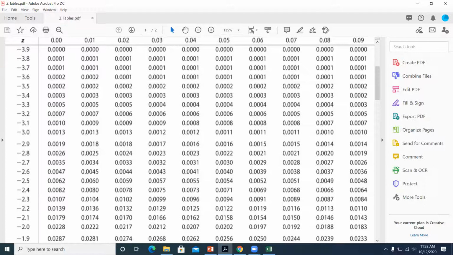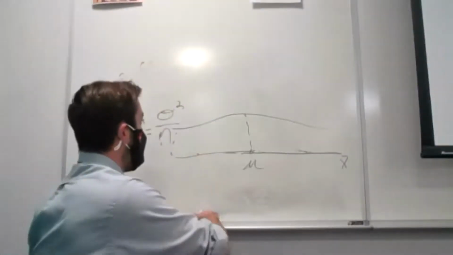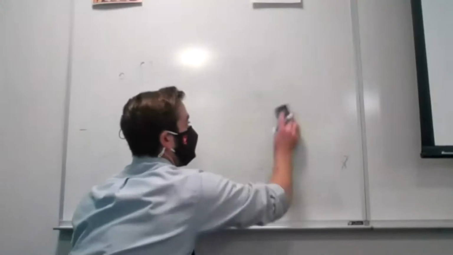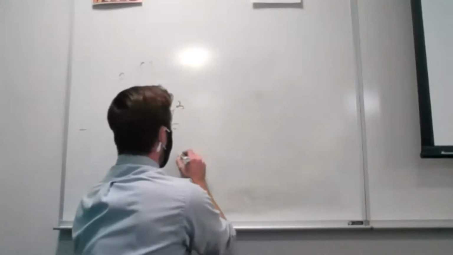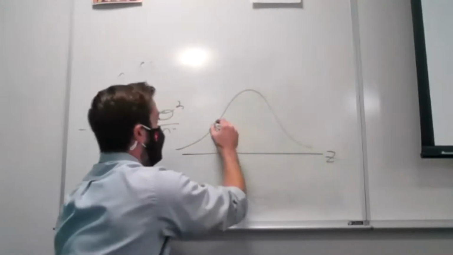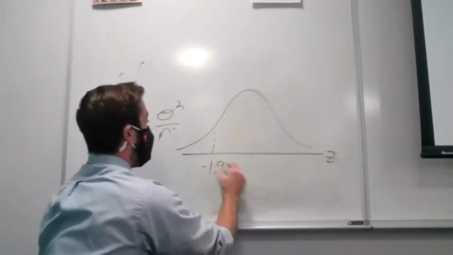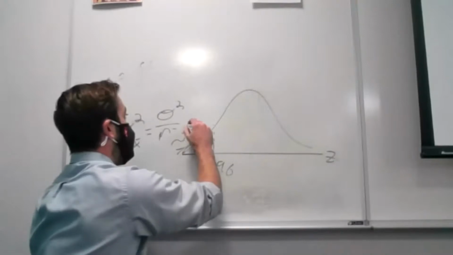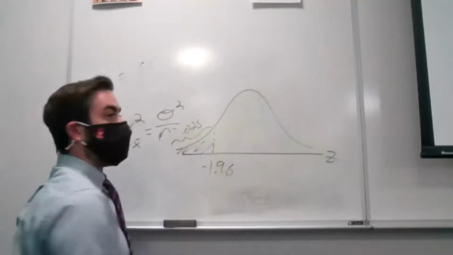So what that's telling me is, if I see a z-score of -1.96, the probability I see a z-score of -1.96 or anything lower is 0.025. The visual there is that from the standard normal distribution, the probability I see a z-score of -1.96 or anything below it is 0.025.